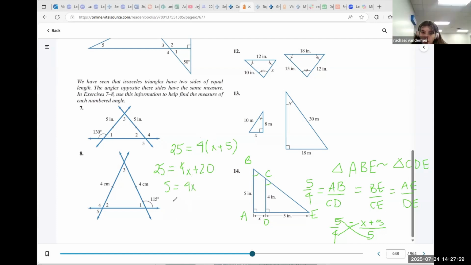And then divide by 5, or would you divide by 4? We need to divide by 4 to get x alone. So that's 1 and 1/4 or 1.25. So would the missing length be that as a decimal? Yes. So x is 1.25.